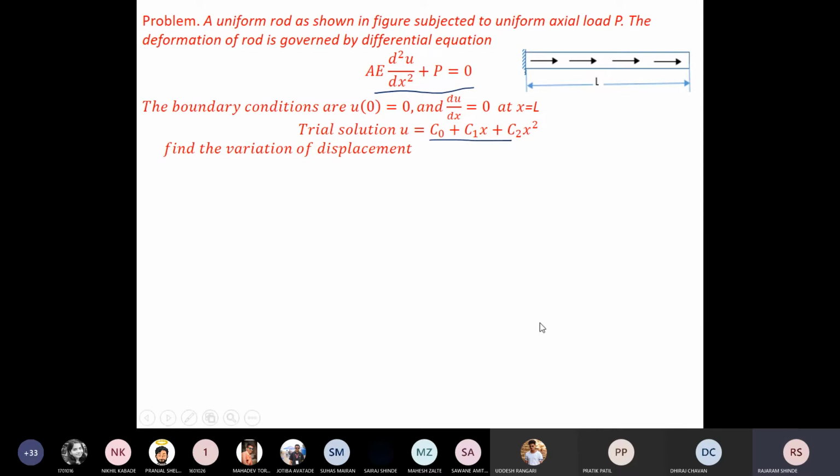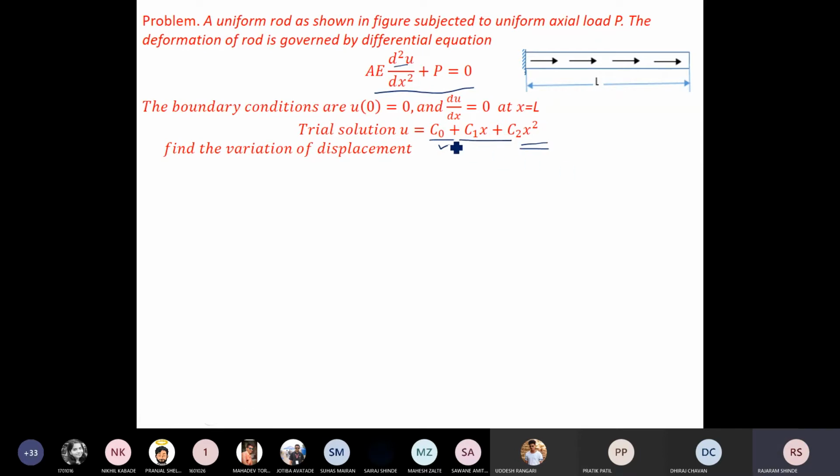Okay, now we have to approximate the trial solution. How can we approximate the trial solution? I will tell you. See here, there should be one constant term in the trial solution, okay, while approximating, and the order of the polynomial should be equal to the order of the differential equation.